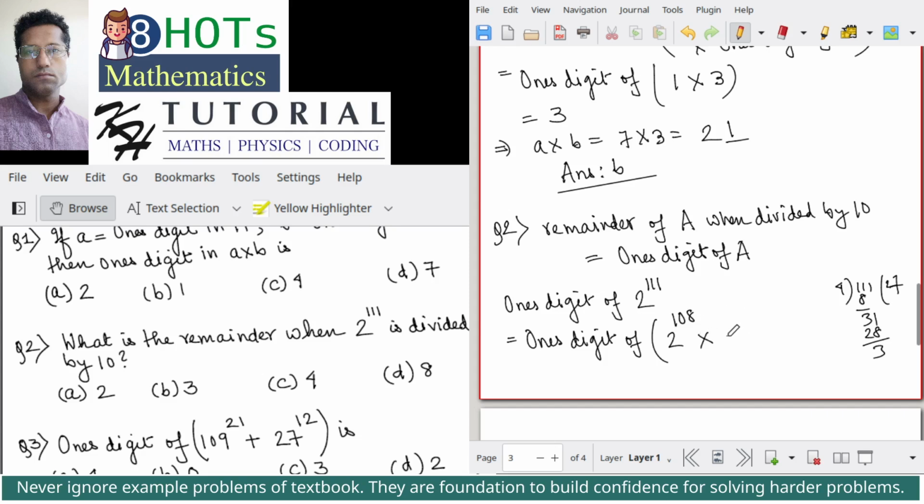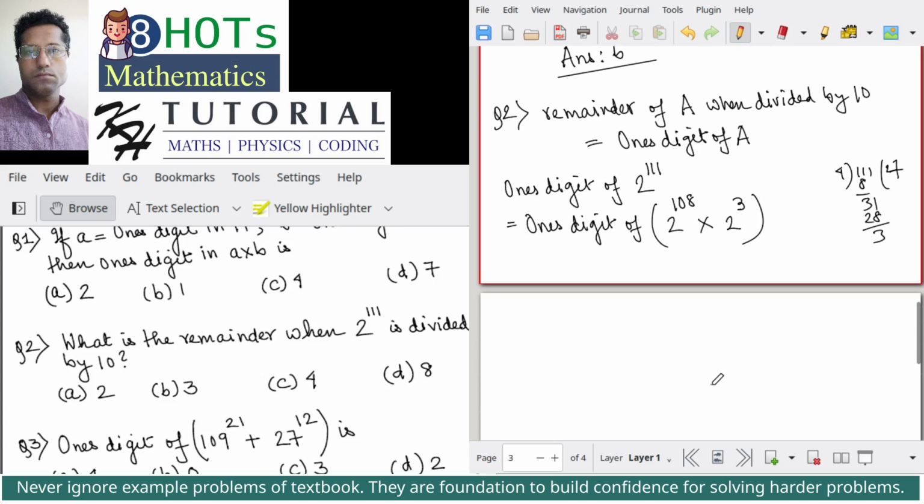And then I have 2 to the power 3. So the ones digit of 2 to the power 111 is equal to the ones digit of 2 to the power 108 multiplied by 2 cube. 2 cube is 8.